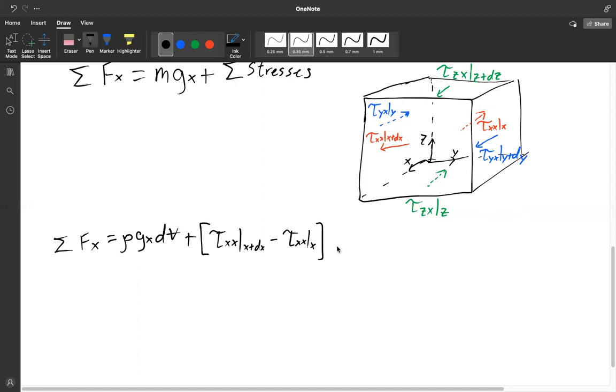And the faces that they're acting on, since we are looking at a force, this is a shear stress.